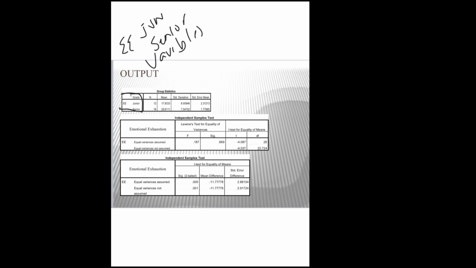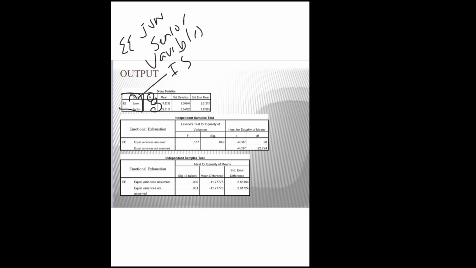These two are what you're running your independent sample t-test on, against the emotional exhaustion. So if you were asked what the variables are, you would put EE, junior, senior. It's basically all in this one box right here. The N here: there were 12 juniors and 18 seniors.